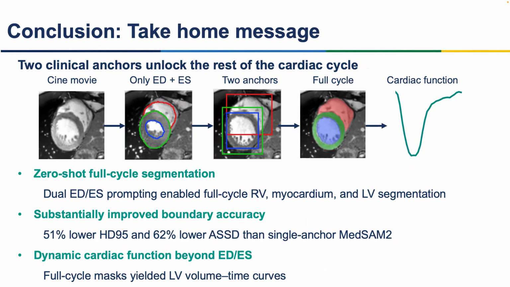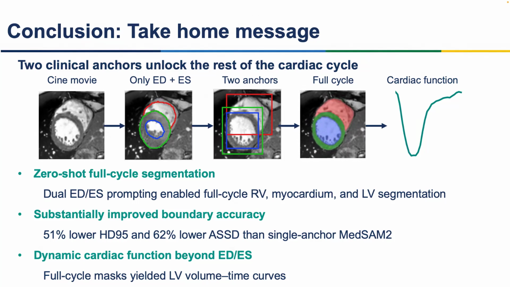Compared with single-anchor propagation using the same MedSAM2 backbone, dual anchoring reduced mean HD95 by 51% and mean ASSD by 62% across the right ventricle, myocardium and left ventricle. This demonstrates that the improvement arises from the anchoring strategy rather than from a different model architecture.